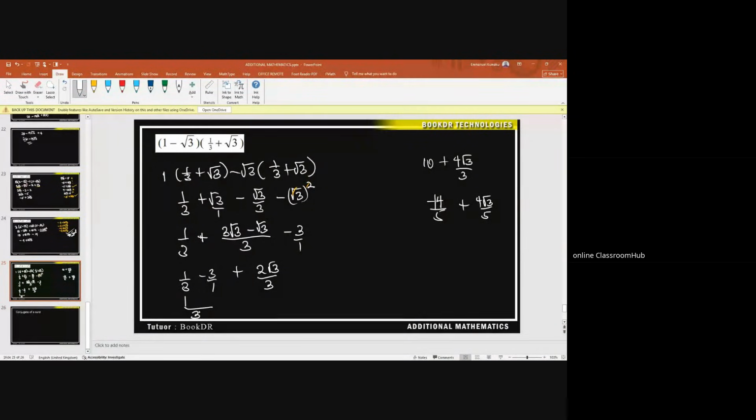Then 1 goes into 3 is 3 times, the top will give us minus 9. So plus 2 root 3 over 3. Then we subtract this to give us minus 8 over 3. So the final answer is minus 8 over 3 plus 2 root 3 on 3.